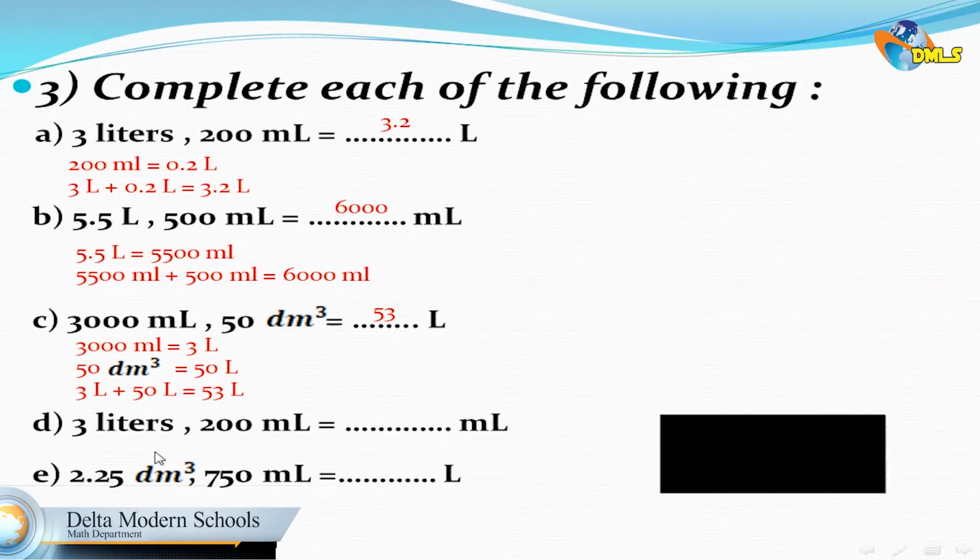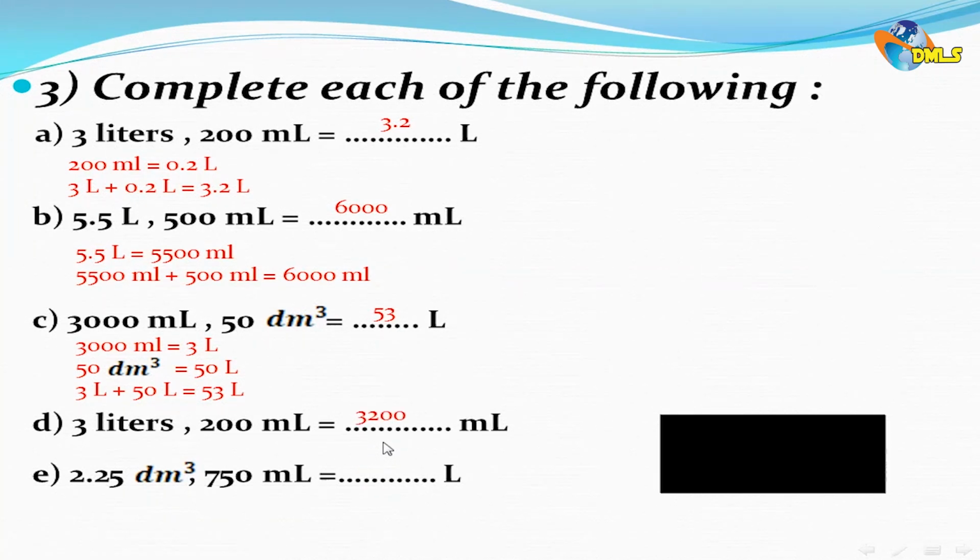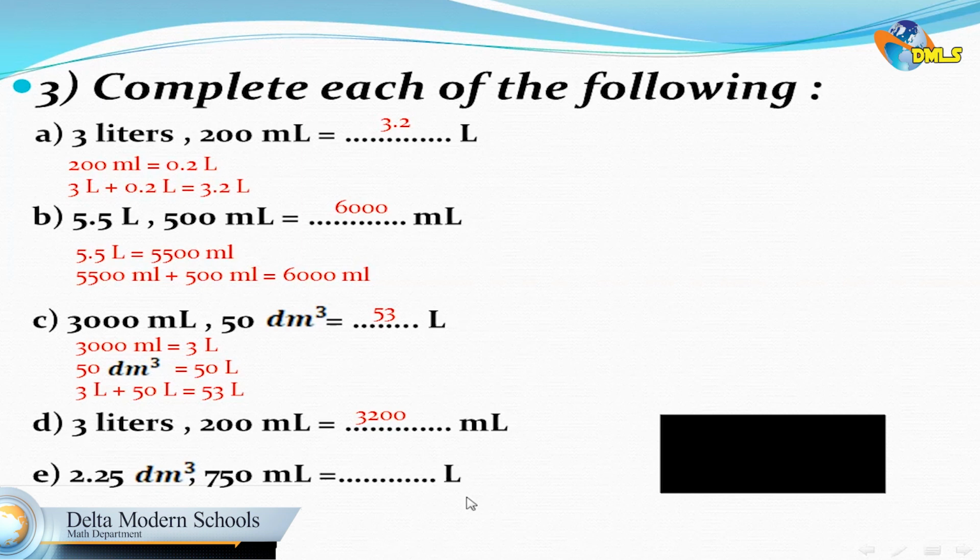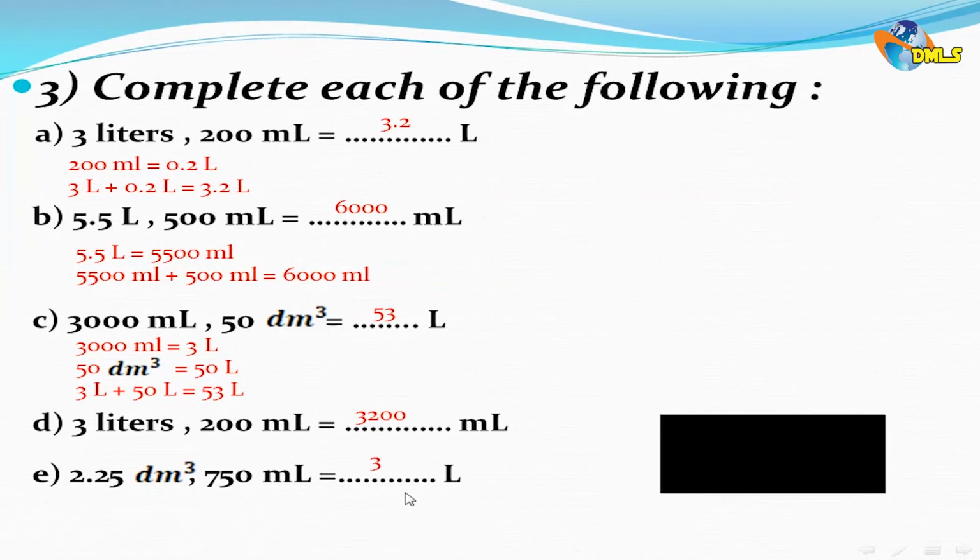So I hear someone of you who said that 3 liters and 200 milliliters equal 3,200 milliliters, and that's the right answer. Okay, letter E, 2.25 cubic decimeters and 750 milliliters equals how many liters? Yes, the answer is 3. That's a correct answer.